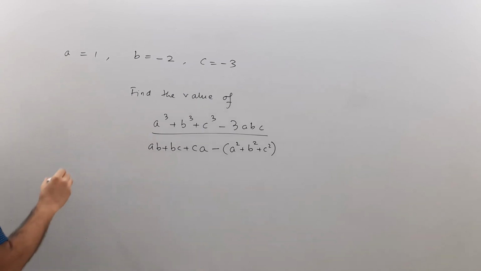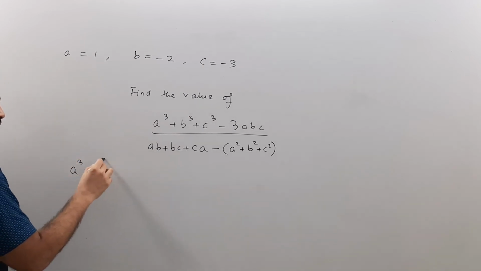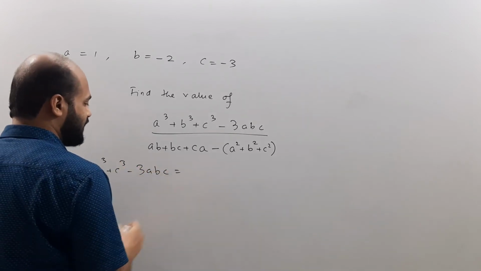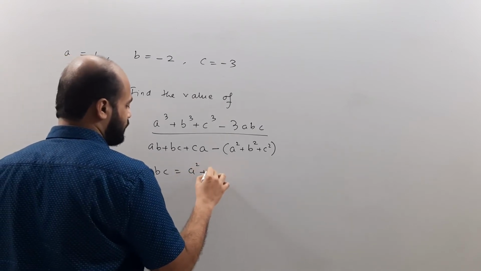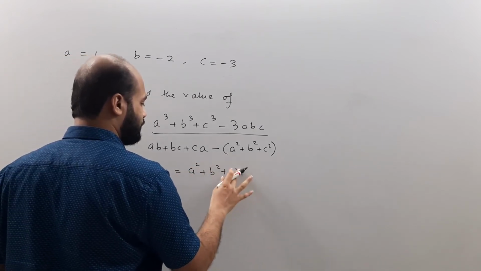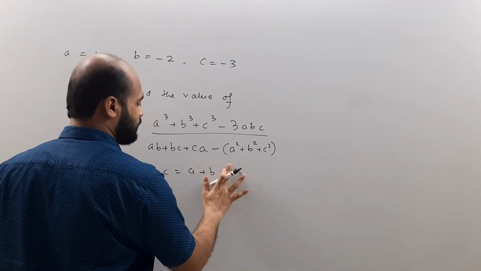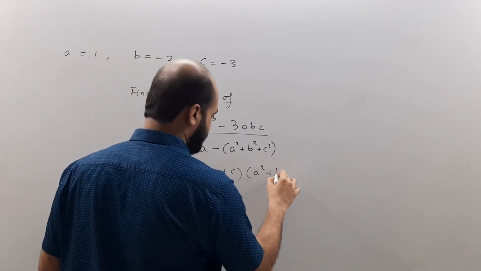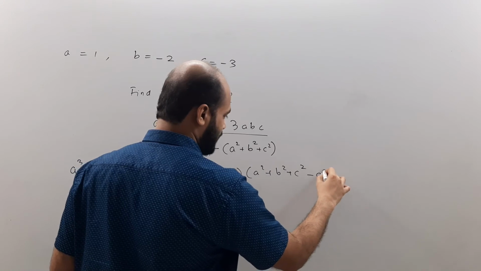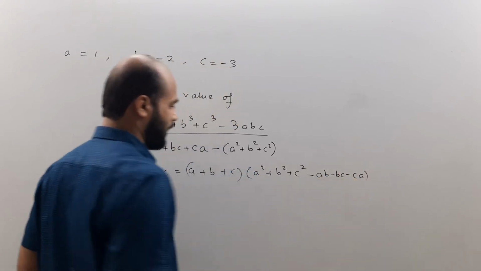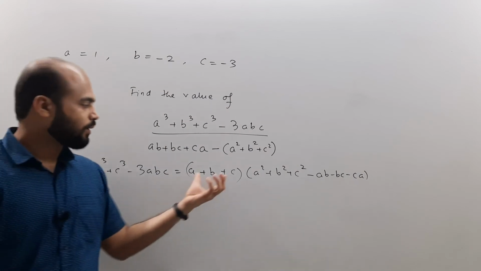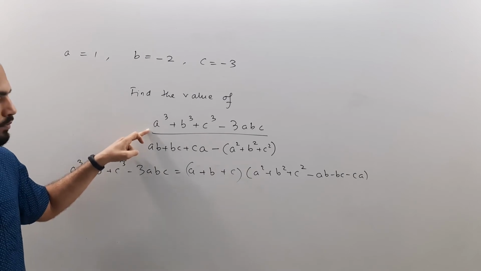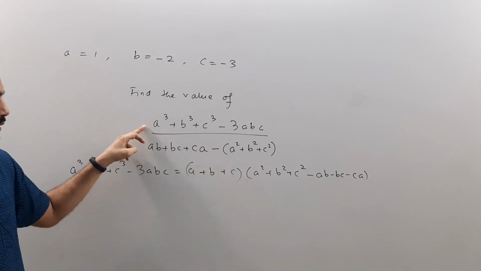And how do we expand this? We can write this as a cube plus b cube plus c cube minus 3abc is equal to a plus b plus c into a square plus b square plus c square minus ab minus bc minus ca. So you know that this is the expansion of this particular expression. Now if you put this expansion in the numerator, you can see something.